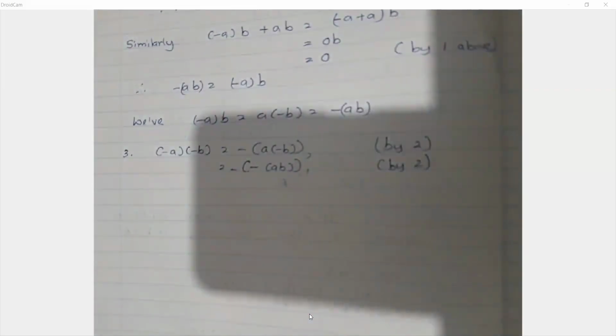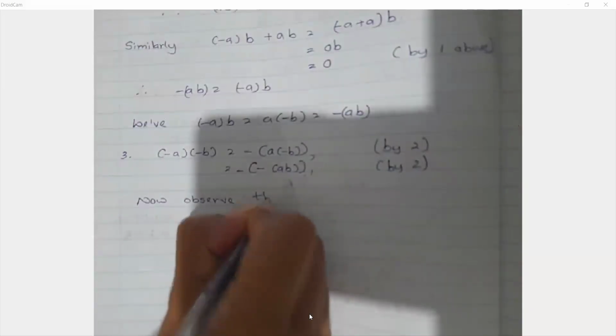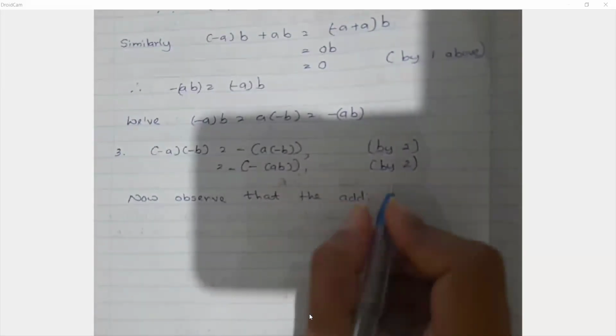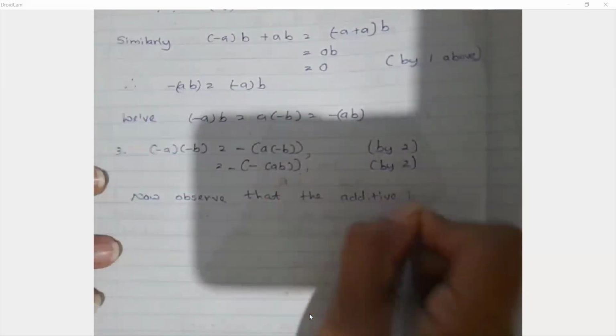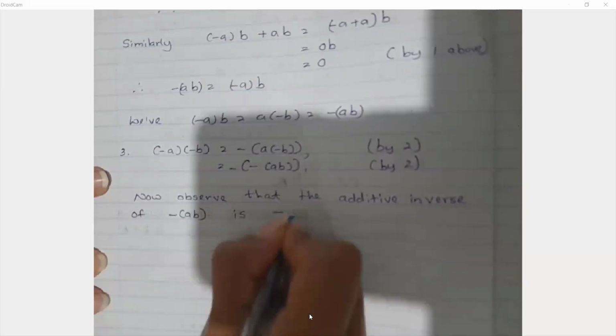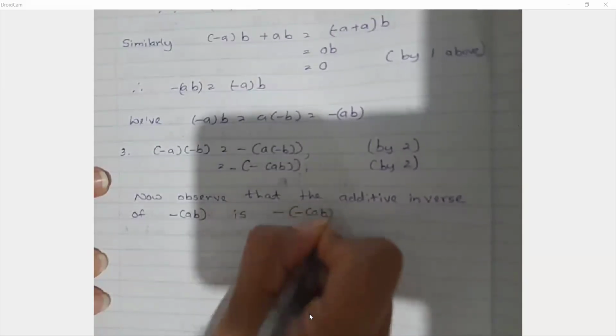Okay. Now observe that the additive inverse of negative AB is simply the negative of that element, negative of negative AB, right?